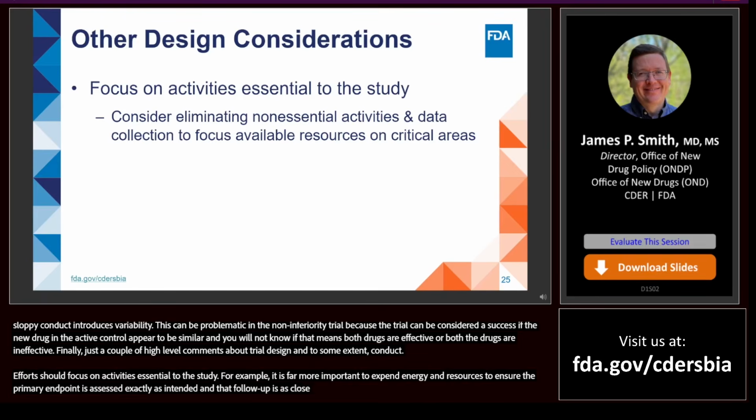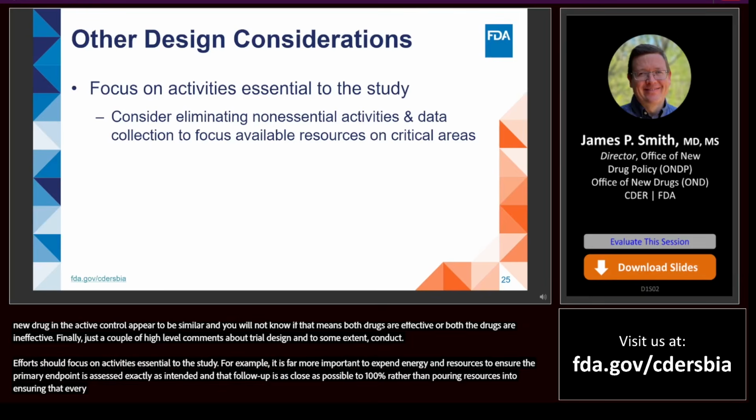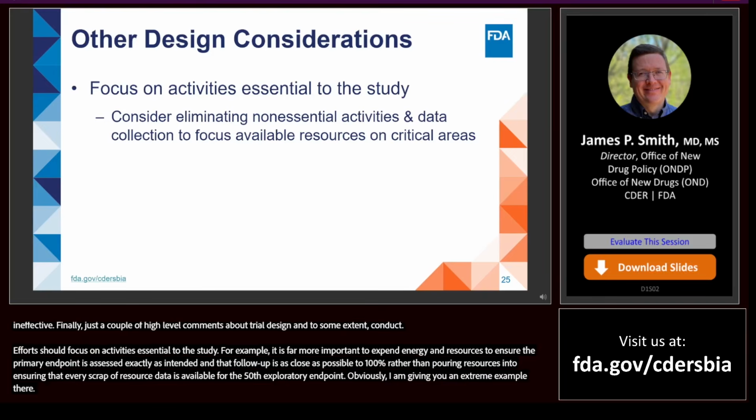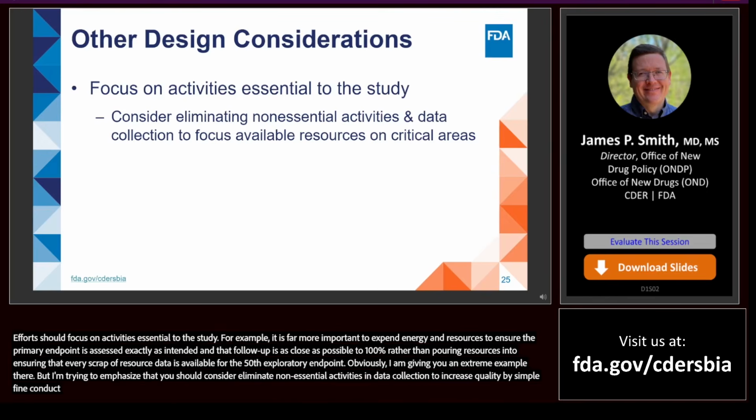Obviously, I'm giving an extreme example there, but I'm just trying to emphasize that you should consider eliminating non-essential activities in data collection to increase quality by simplifying conduct, improving the efficiency of the study, and to really target resources to the critical areas. So deploy your resources to identify and prevent or control errors that matter.